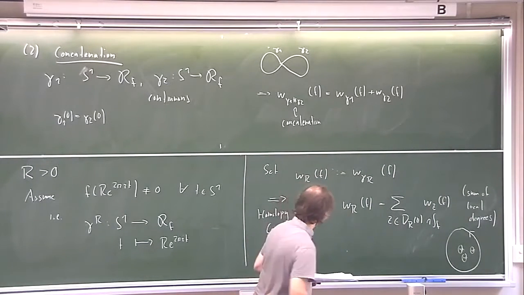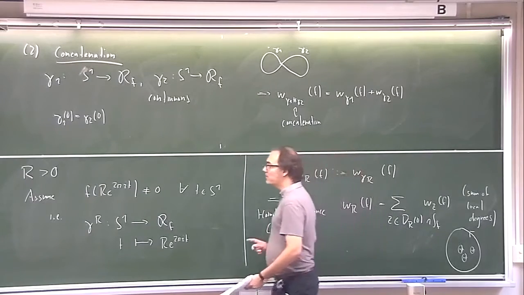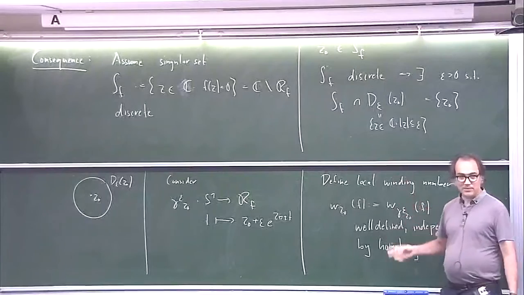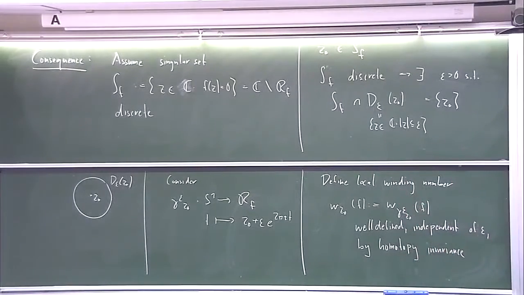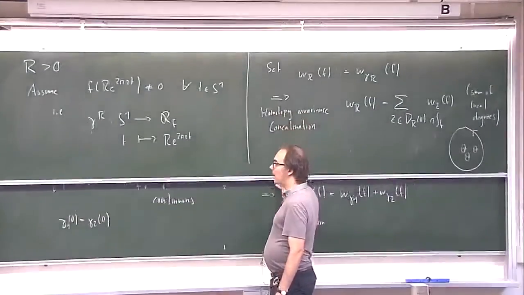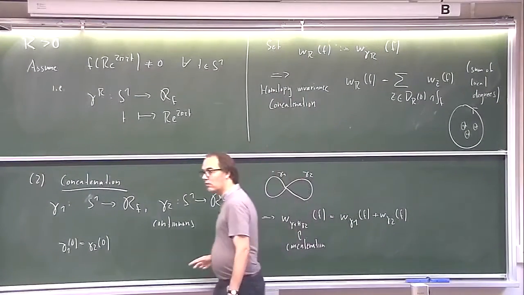Now, this is for f just real smooth. If f is holomorphic, we can say more, because then these local degrees are always positive.